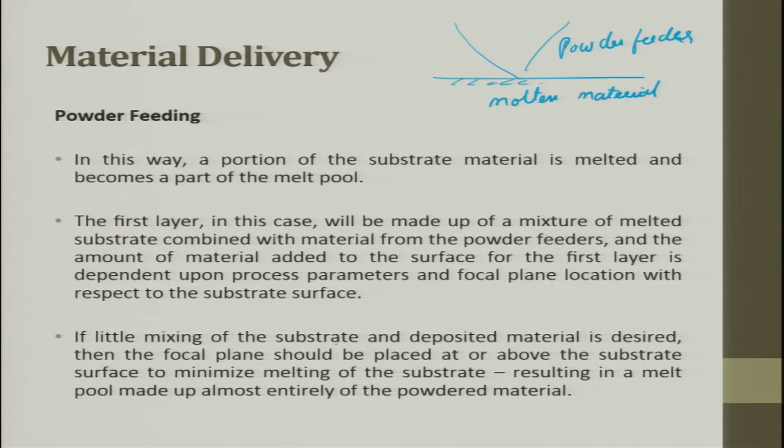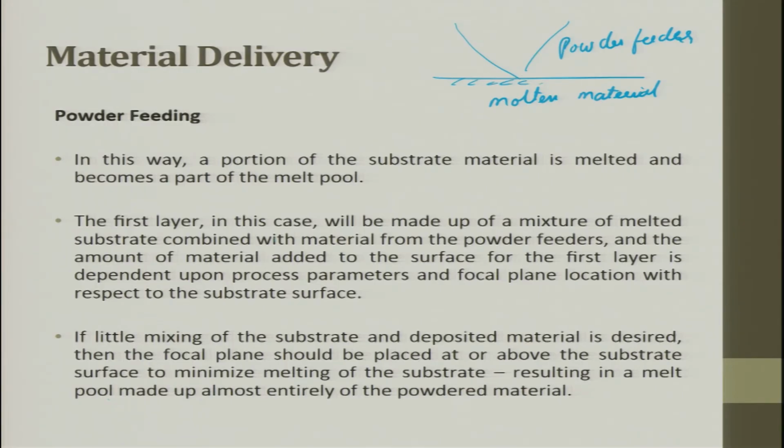If little mixing of the substrate and deposited material is desired, then the focal plane should be placed at or above the substrate surface to minimize melting of the substrate, resulting in the melt pool made up almost entirely of the powdered material. So, it is just playing with the focal plane and depositing layers. So, what happens when the laser hits the powder? It creates a melt pool.